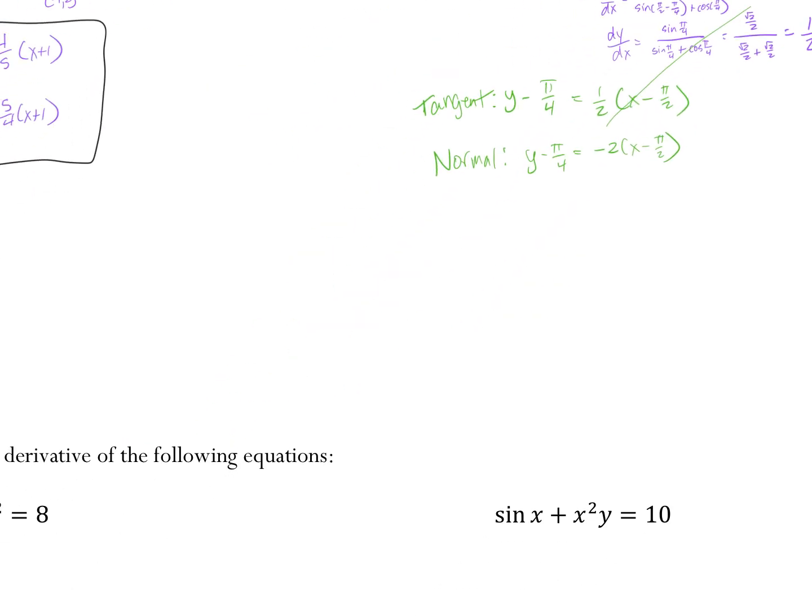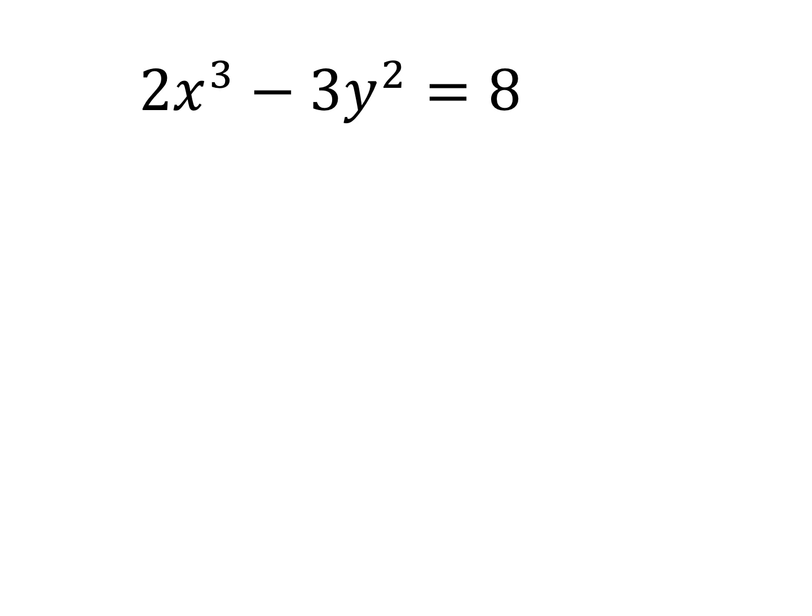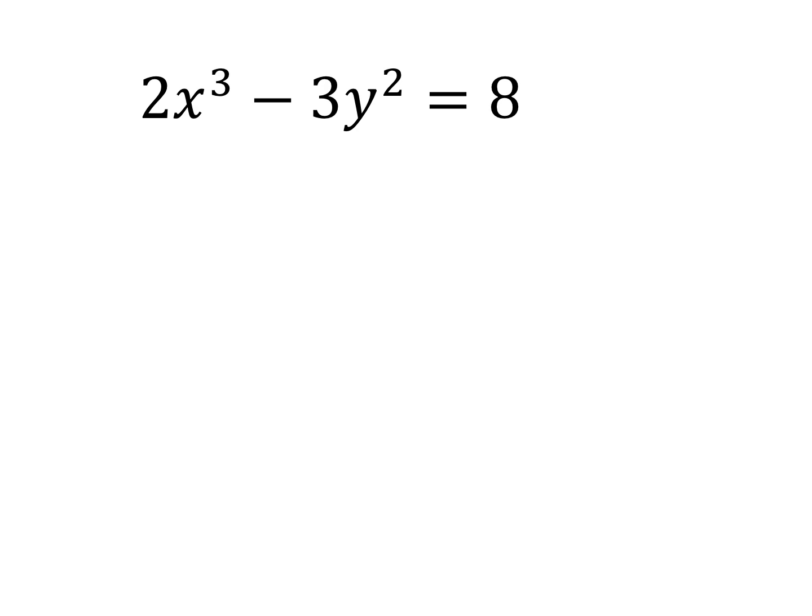All right, let's do some second derivatives. Just like before, when we have explicitly defined functions, to find the second derivative, you take the derivative of the derivative. So the first thing we need to do is find the derivative. If I ask you what is the derivative of this function to start, we would say 6x squared minus 6y dy/dx equals 0.